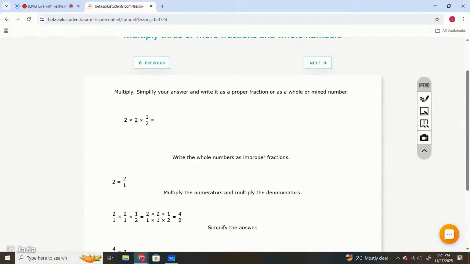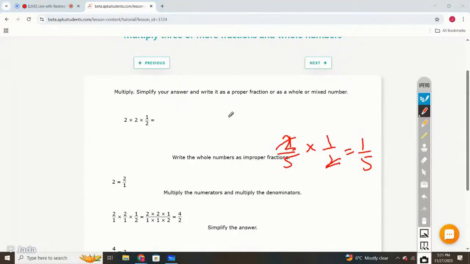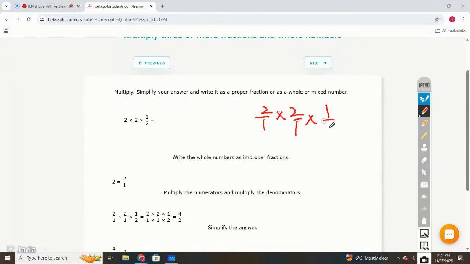Simplify 2 times 1 by 2. So write 2 in the fractional form, that is 2 by 1 times 2 by 1 times 1 by 2.